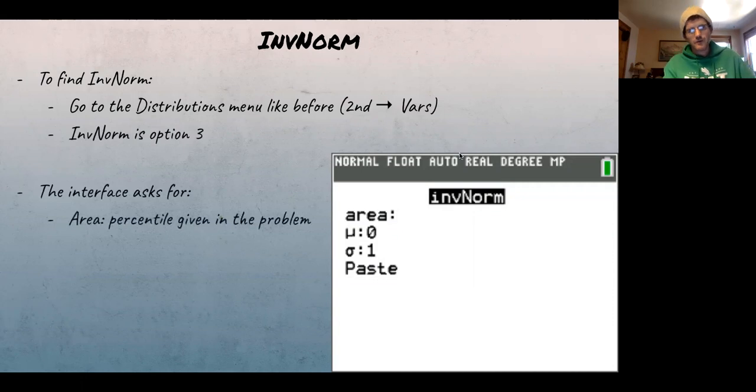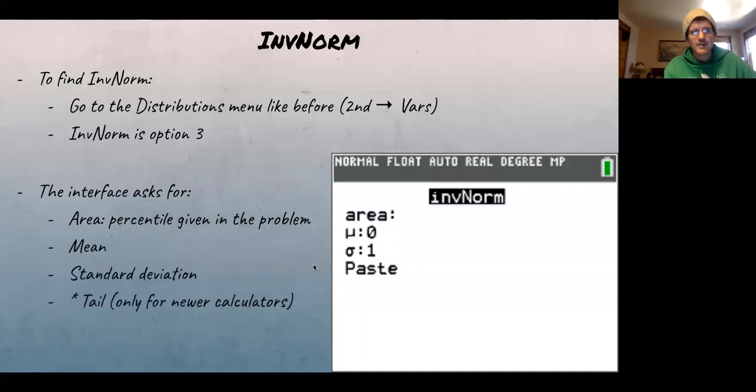And we are asking for the percentile. Sometimes the percentile isn't explicitly given, and we need to think through it a little bit, but there's always going to be some kind of a percentile we can use. We'll see what different types of questions there are. Then the mean and the standard deviation, but again, these are going to stay 0 and 1.